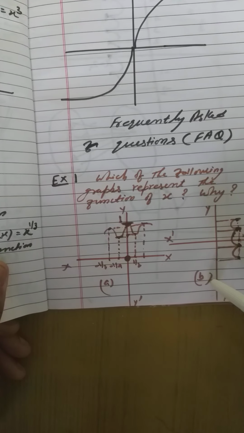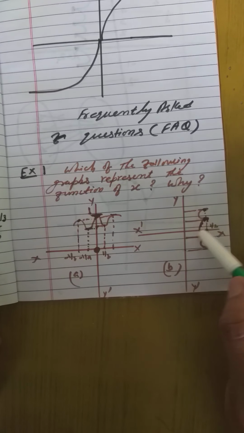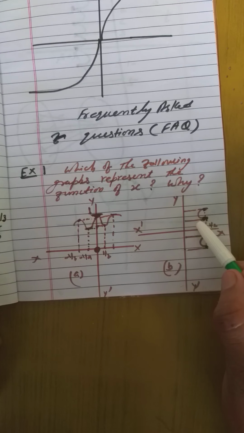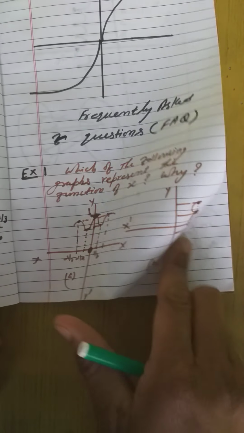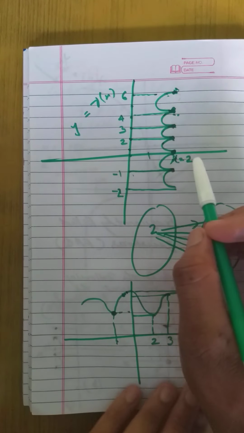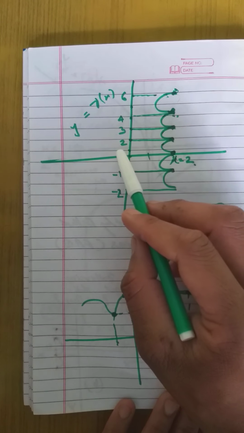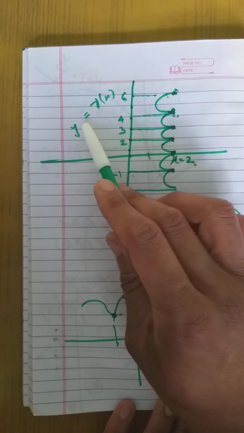From the second one, for any value of x we are getting different values of y. If I put x equal to 2, I am getting y equal to 2, y equal to 3, y equal to 4, y equal to 6.